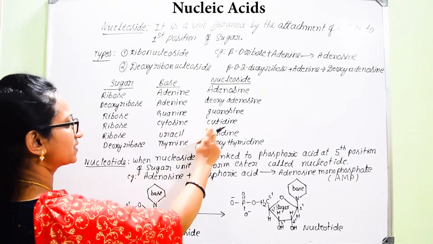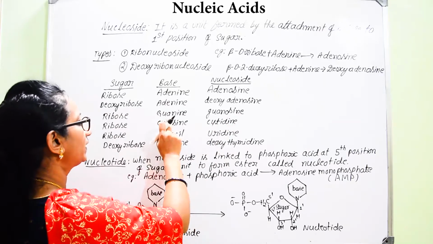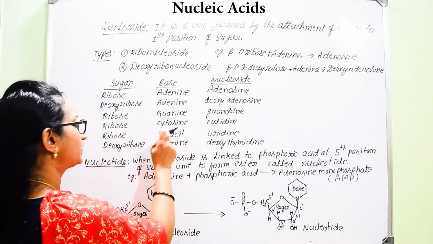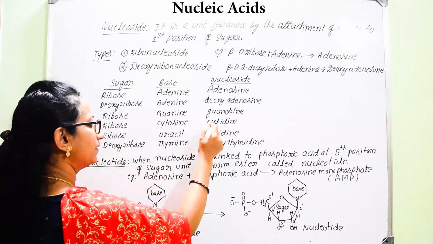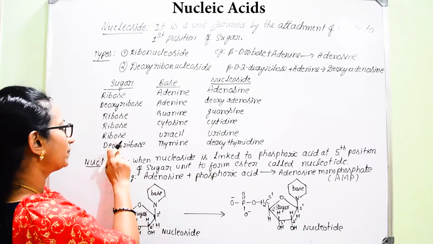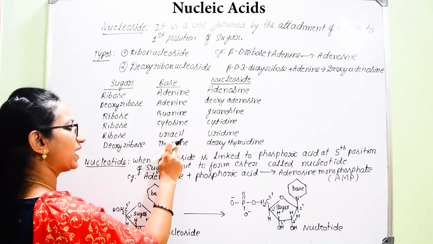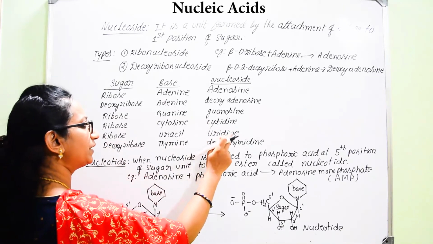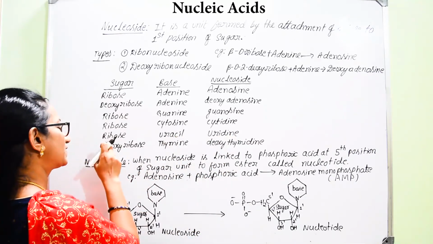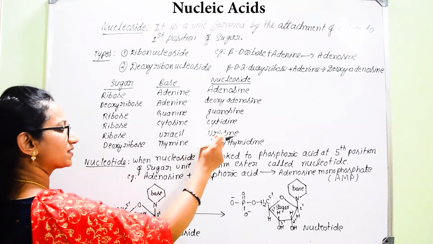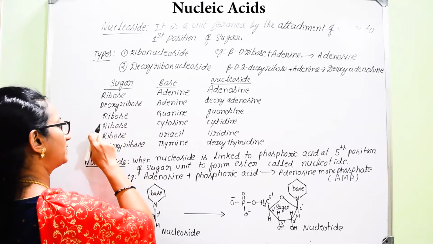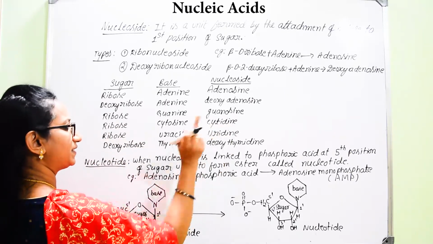So it is named cytidine. For guanine, guanosine. For ribose with cytosine, cytidine. And by the combination of ribose sugar with uracil, it is called uridine. If it is deoxyribose, deoxyuridine. If it is deoxyribose with cytosine, it is deoxycytidine.